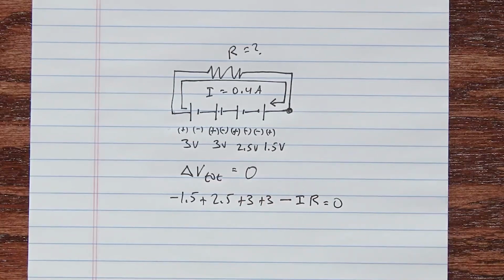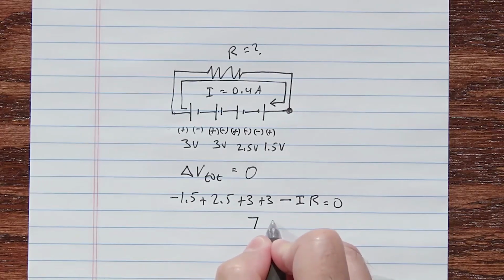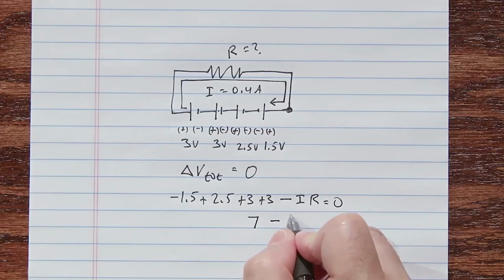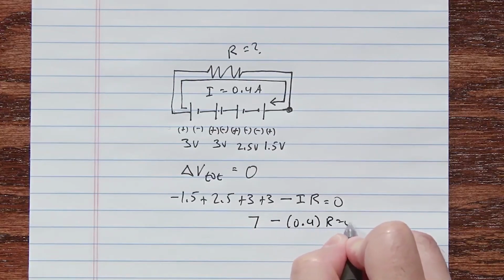That's equal to 0. Let's add all of this up. Minus 1.5 plus 2.5 gives me a total of 1, and then I add 2 more 3s. That'll give me a total of 7. So 7 minus I, which is 0.4, times R is equal to 0.